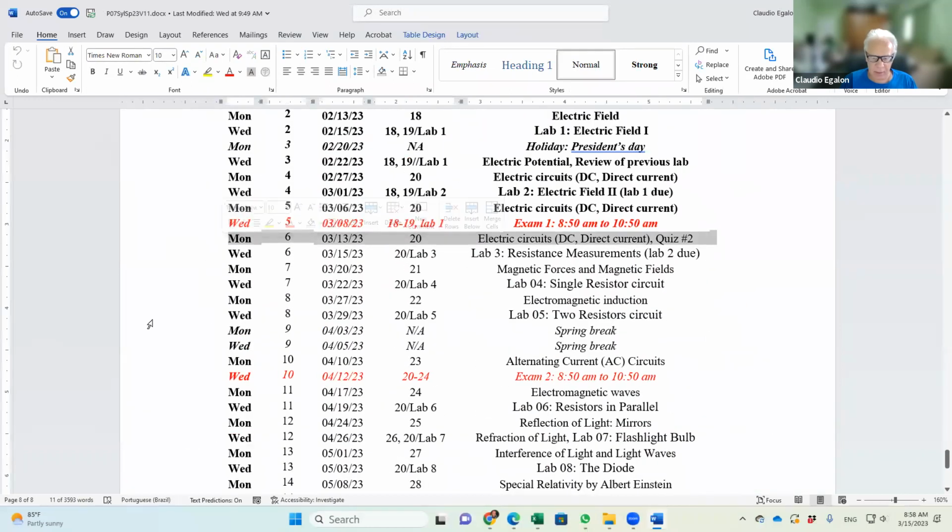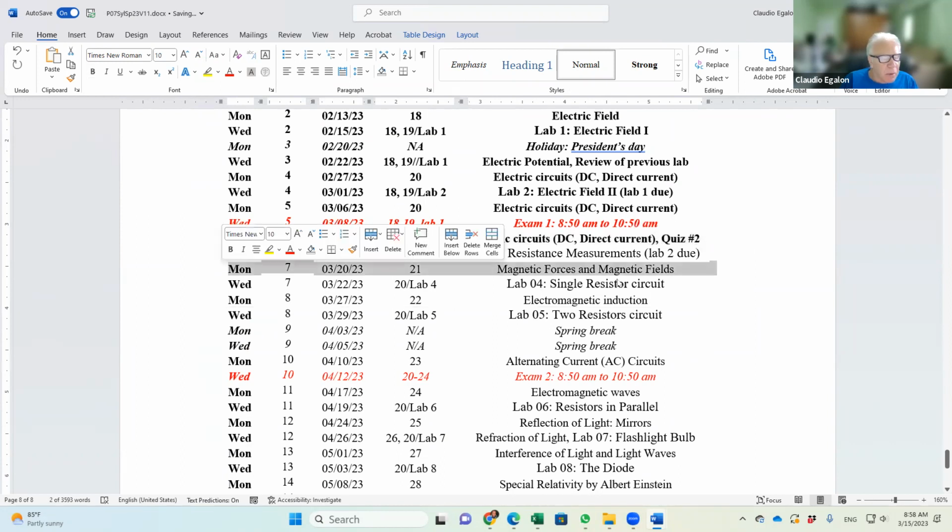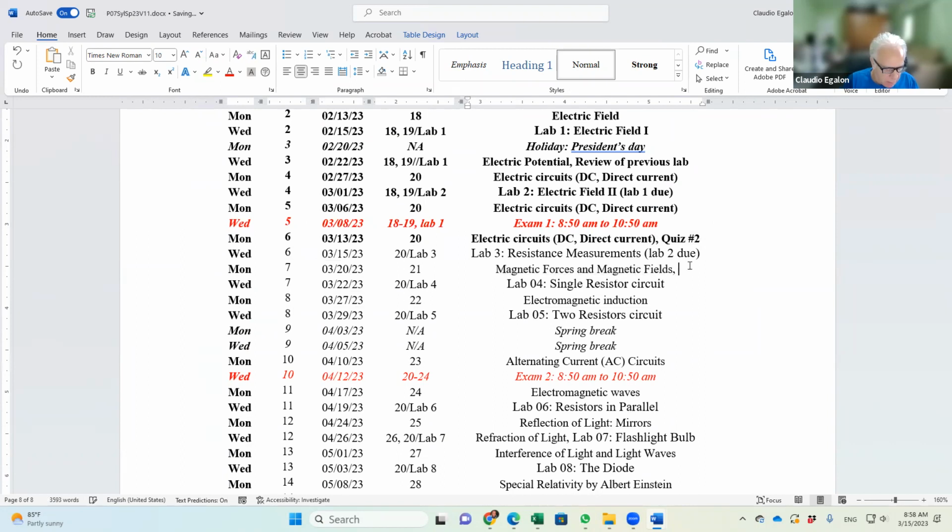Syllabus today is the, let's see, we did the quiz number 2, right? Last time we did the quiz number 2. Now we should expect another quiz. Let's do another quiz next Monday. Quiz number 3.